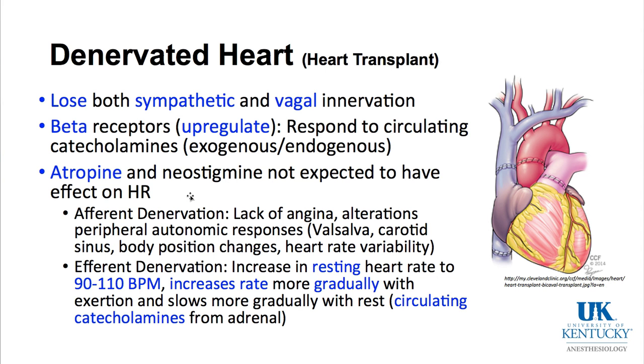And the heart itself will increase its rate more gradually with exertion and slow more gradually with rest, because it's really responding to circulating catecholamines from the adrenal instead of the wiring, the nerves themselves, releasing norepinephrine very rapidly in the case of the sympathetic nervous system and increasing heart rate to exertion.